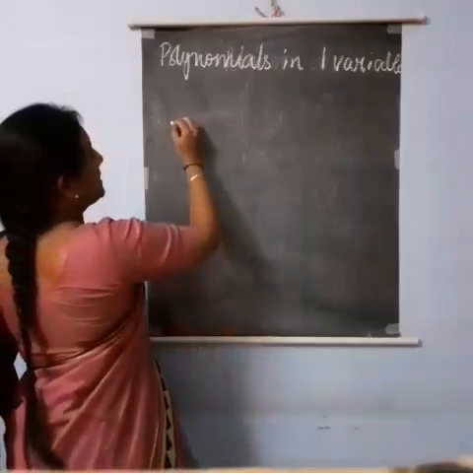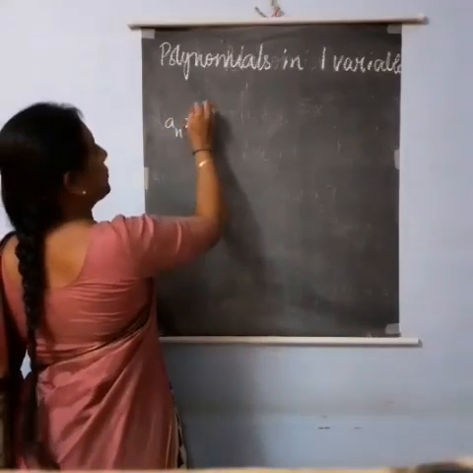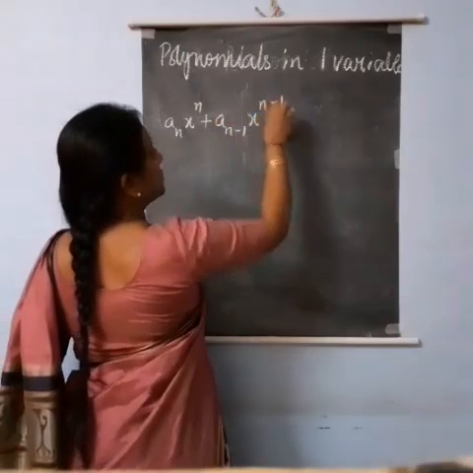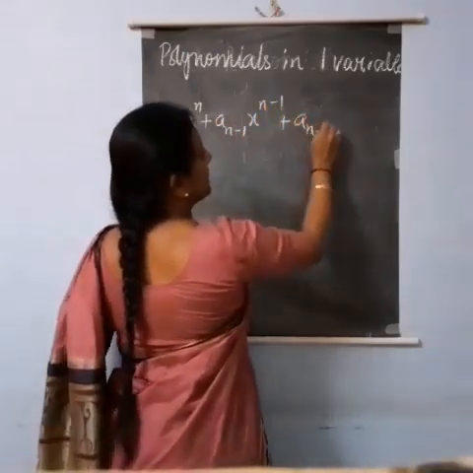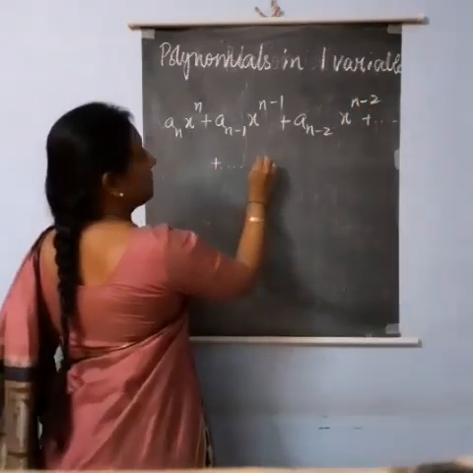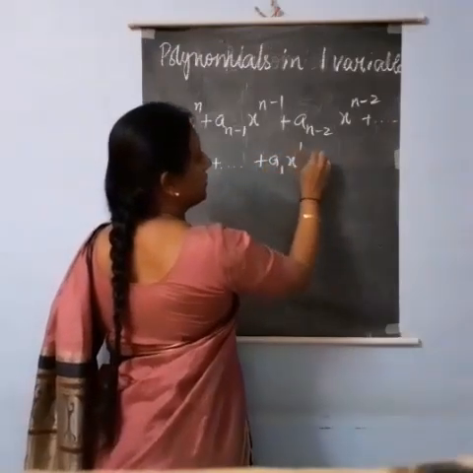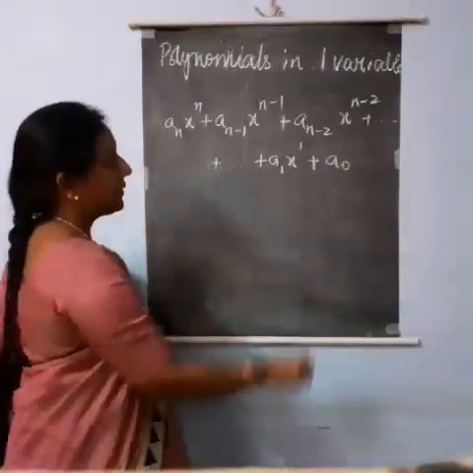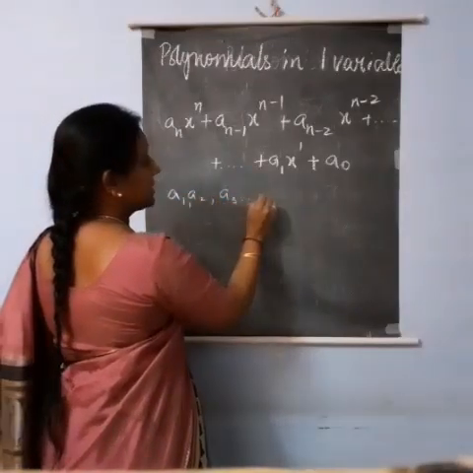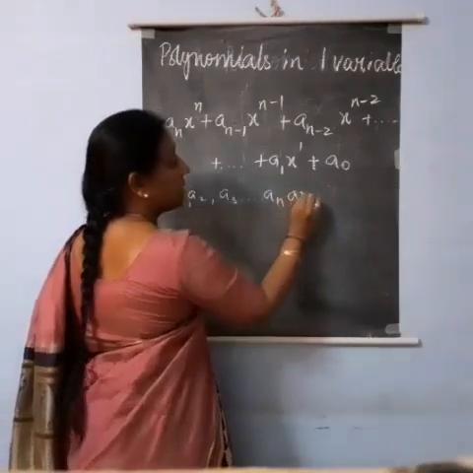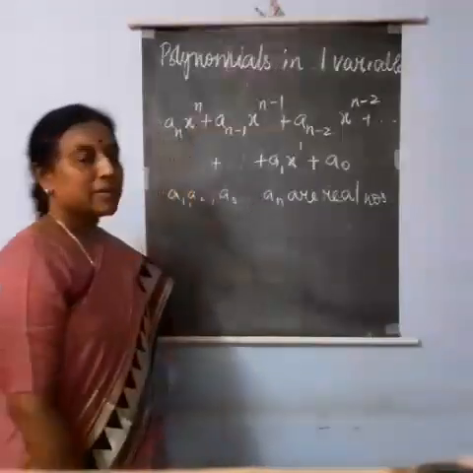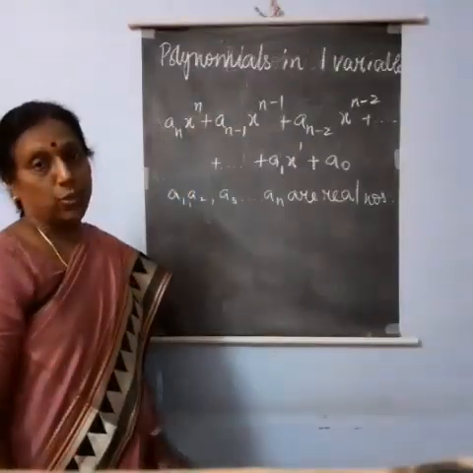That can be written as a_n x power n plus a_(n-1) x power n minus 1 plus a_(n-2) x power n minus 2 plus etcetera, plus a_1 x power 1 plus a_0, where a_1, a_2, a_3 etcetera up to a_n are all real numbers, and n is a whole number.